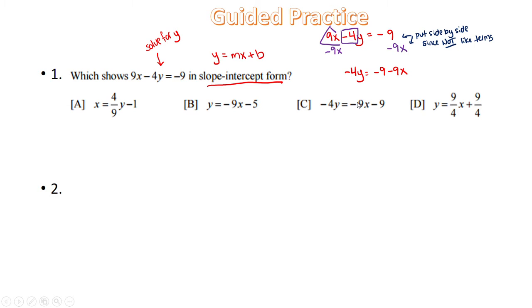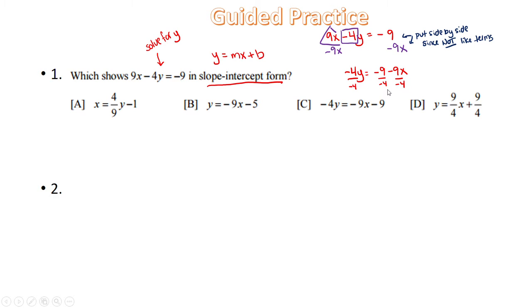So we have negative 9 minus 9x, and negative 4y on the left-hand side. Next, we need to divide by what's in front of y. That's our negative 4, so both of these terms get divided by negative 4. If you type negative 9 divided by negative 4 in your calculator, you're going to get a crazy decimal.